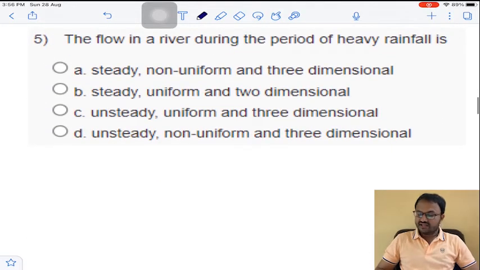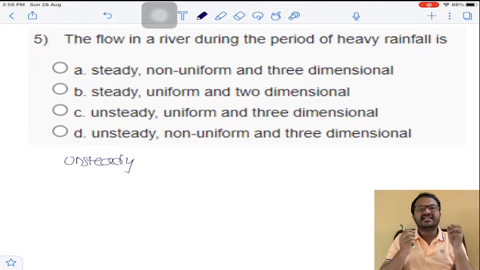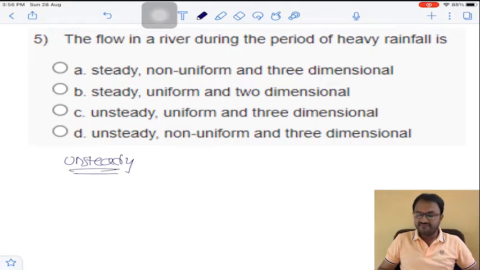Next question is, the flow in a river during period of heavy rainfall is, that is, when the rainfall is heavy, the river flow is unsteady flow. That is, with respect to time, all the parameters are not constant. So there will be changes frequently. That is unsteady flow.